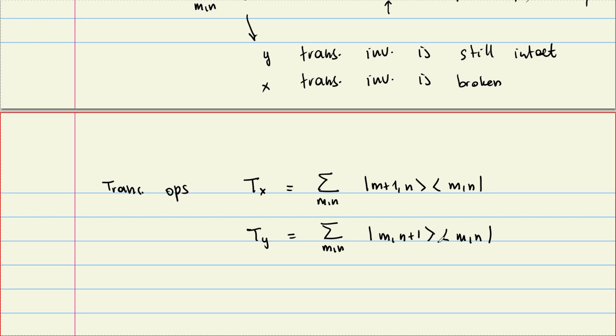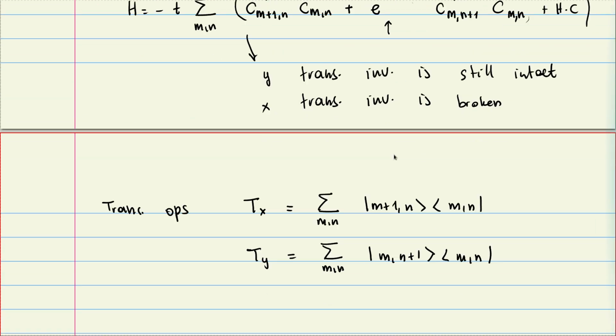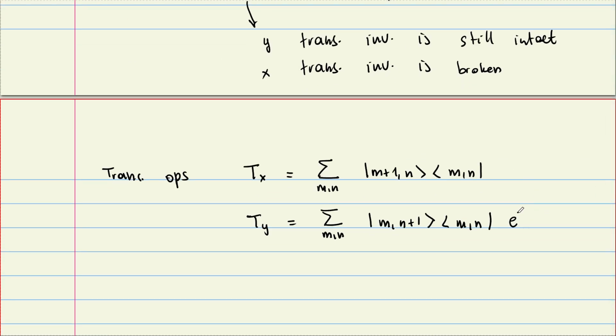But when you hop in the n direction, you can see this term is taking you from n to n plus 1. You need to pick up an additional phase. So here I need to put e to the i 2 pi alpha m. And here you need to remember this m comes from the x coordinate.